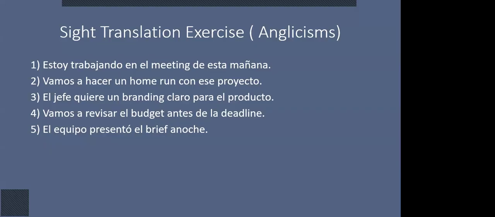I'm working on this morning's meeting. All right, number 2. Yeah, it would be like we are going to hit a home run with that project. Okay.